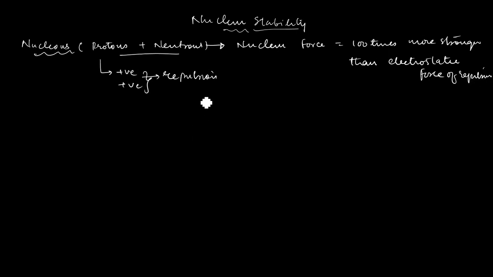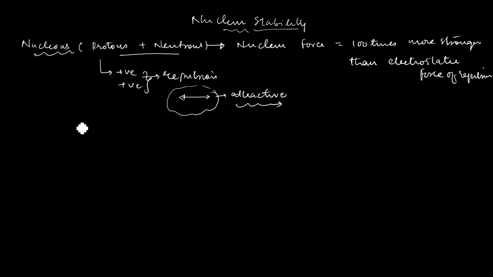So this means if there is a repulsive force inside the nucleus between two protons and there is an attractive force, the nuclear force, the resultant force will be attractive, and that is what makes the nucleus stable. Now we just have to understand what are the various factors. So this is one of the factors which makes the nucleus stable.